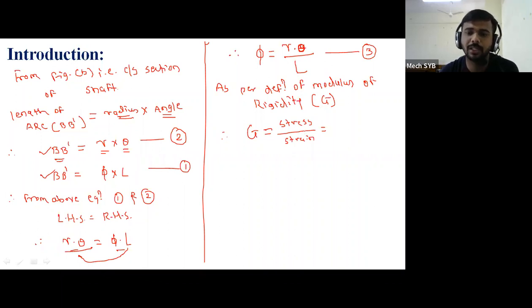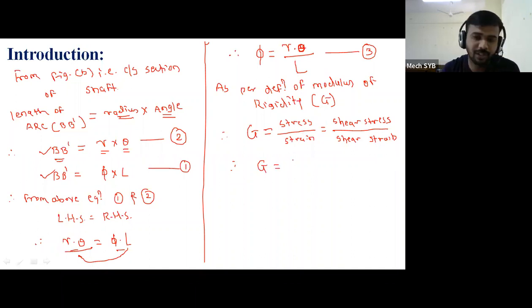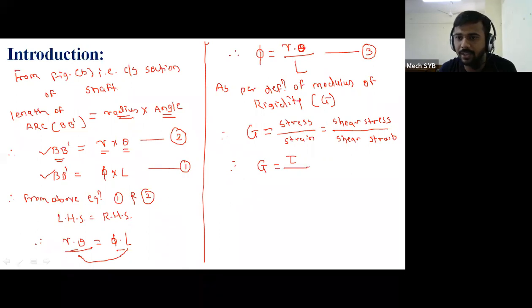Here we have to use the definition of G as shear stress upon shear strain. Therefore capital G is equal to shear stress, indicated by tau, upon shear strain, indicated by phi.